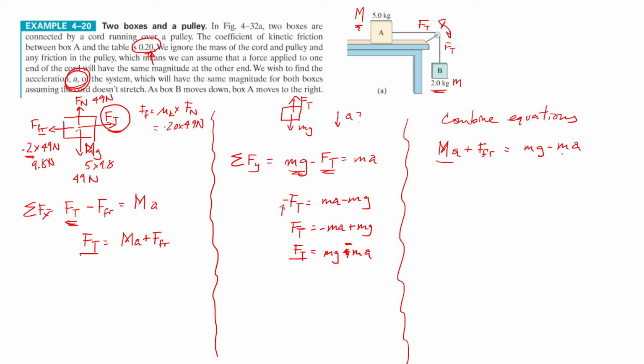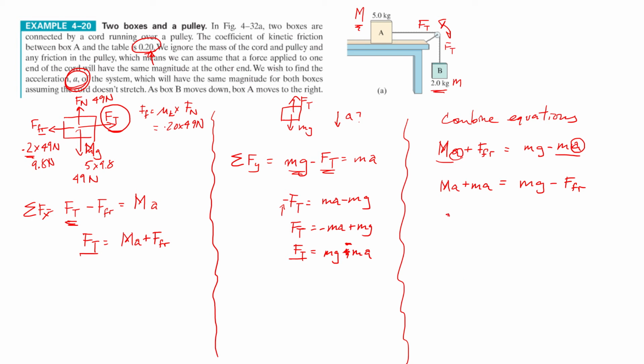And let's get the a's together because we need to solve for a. So I'm going to move this ma over. So big MA plus little ma is equal to mg minus the force of friction.